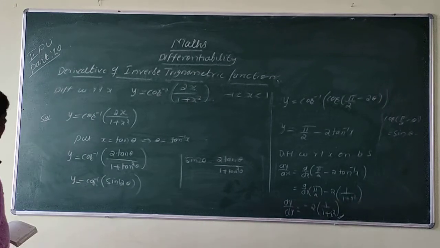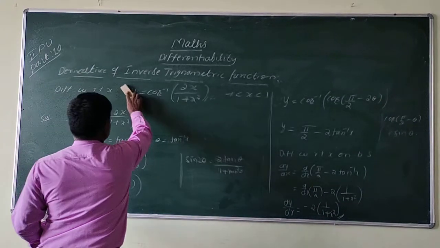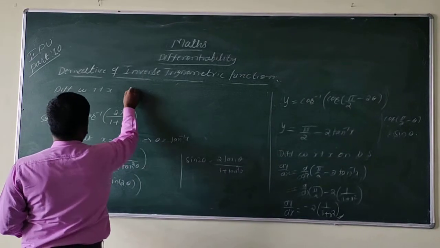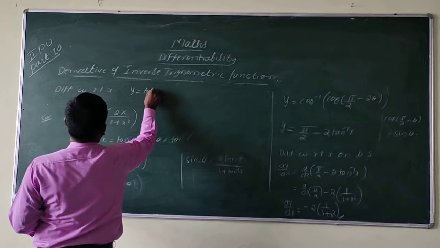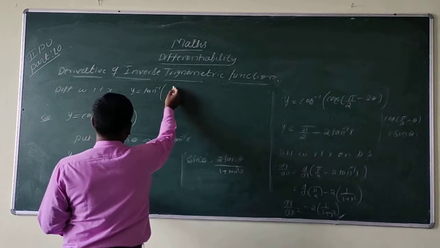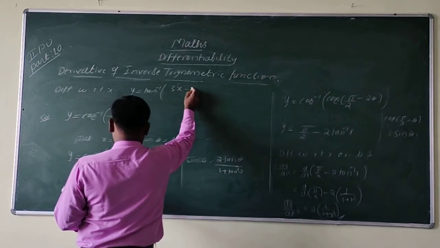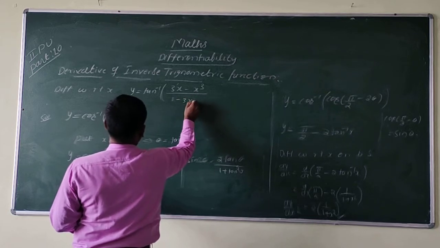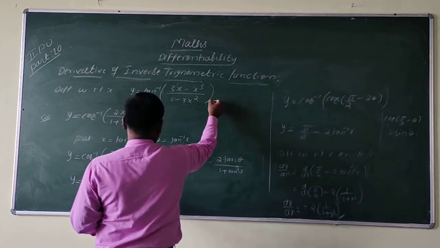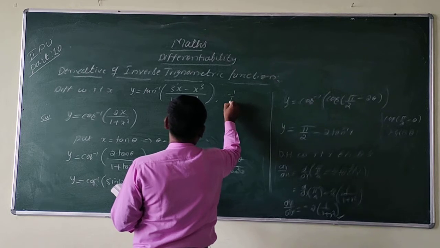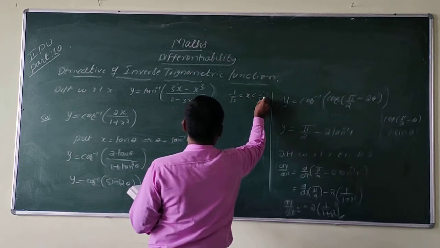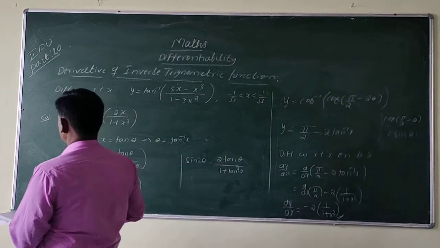Next, differentiate with respect to x: y is equal to tan inverse of 3x minus x cube divided by 1 minus 3x square, where the given condition is minus 1 by root 3 less than x less than 1 by root 3.